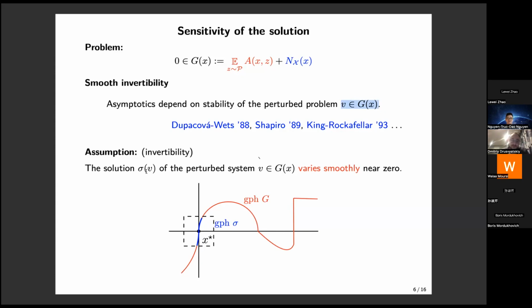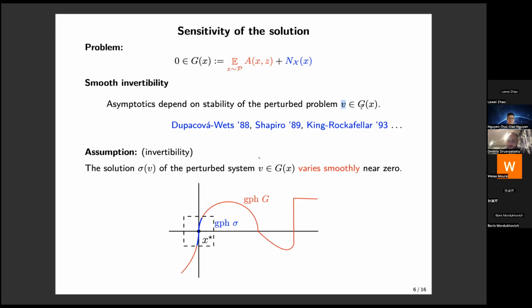Okay, so the assumption is that for every v, this is kind of the graph of g, and we have a localization. If we zoom into the graph of g and flip the x-axis and the y-axis, that looks like the graph of a smooth map. In the language of variational analysis, this is saying that G inverse admits a smooth single-valued localization.